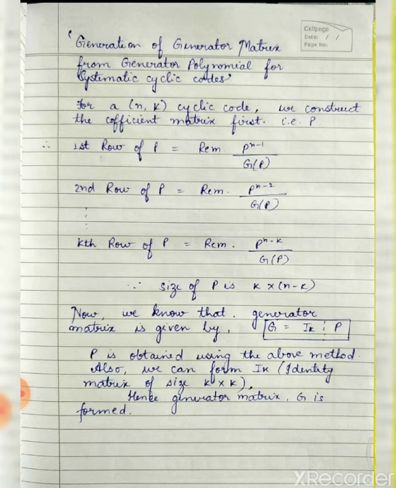So we were talking about syndrome, and syndrome S is equal to Y into H transpose. Once H, the parity check matrix, is available to us, we can take out the transpose of that parity check matrix, that is H transpose. What is Y? Y will be any received code word which will be given in the question. Suppose you have received this code word, now calculate the syndrome vector. So syndrome S will be equal to Y into H transpose.